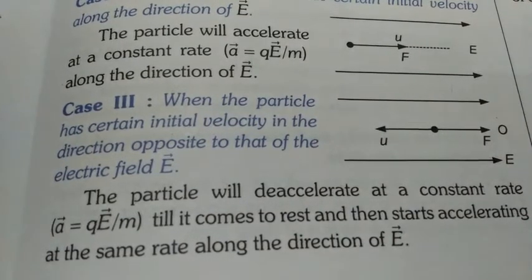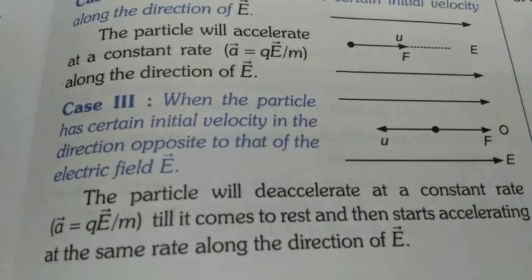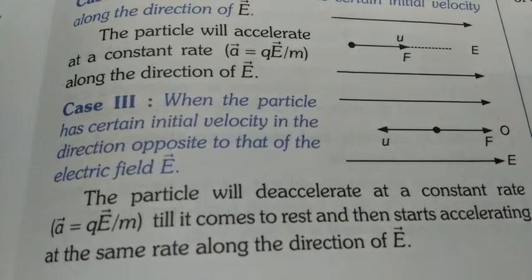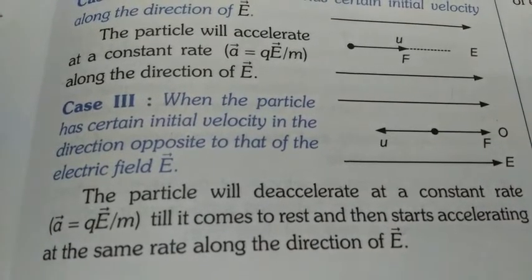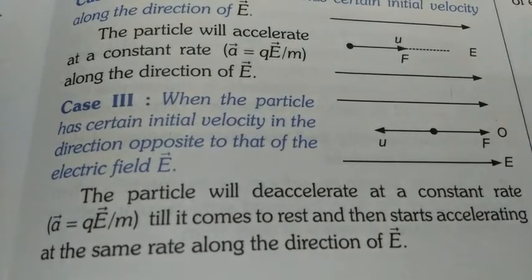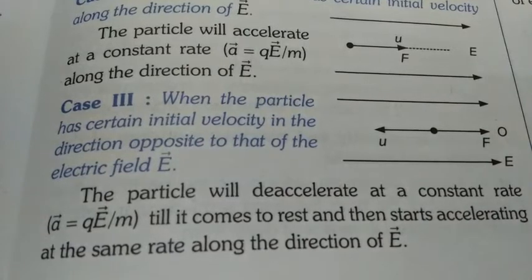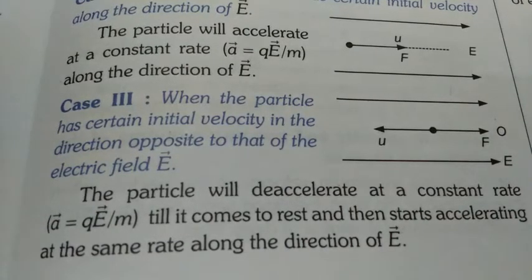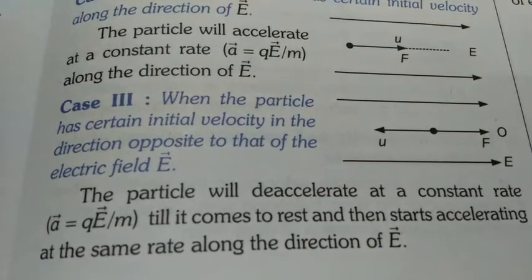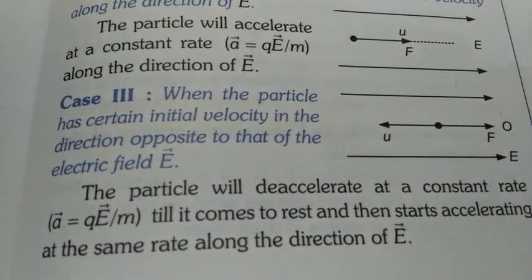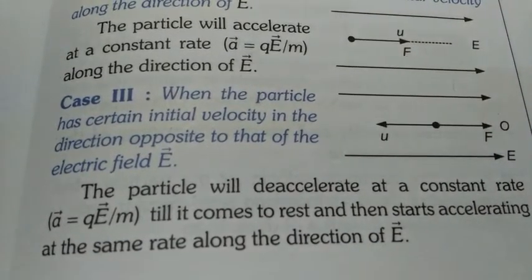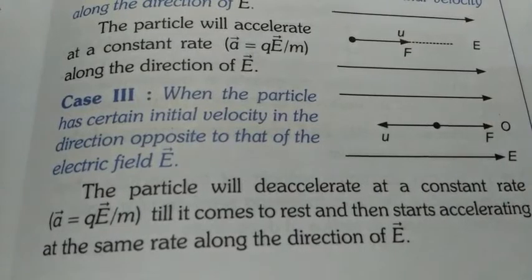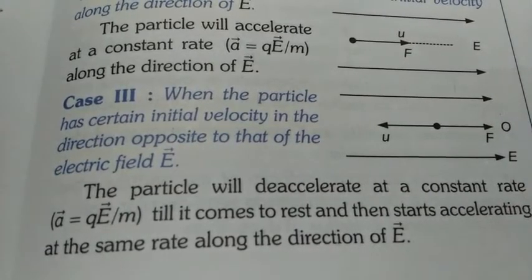So what happens if the particle is moving opposite to the electric field? There will be a deceleration at a constant rate till it comes to rest, and then it starts accelerating at the same rate along the direction of E. So in the first case, we have seen that when the particle is at rest it starts moving in the direction of the field.